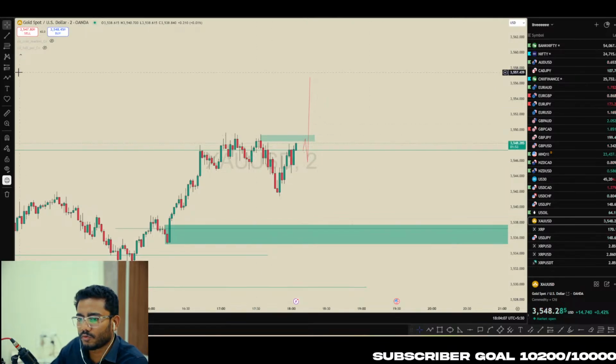So let's try to trade this breakout now. We have this low. We took out the previous candle, and if this breaks, then we look for buy side entry.